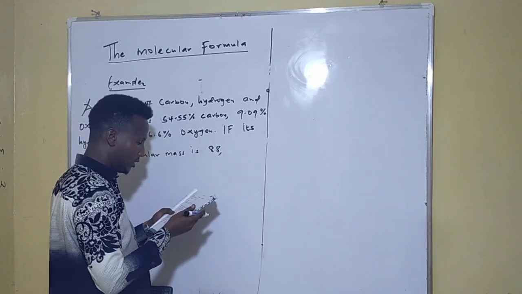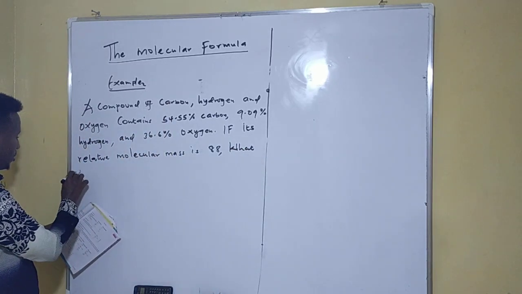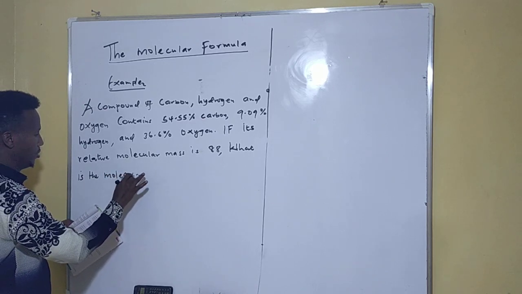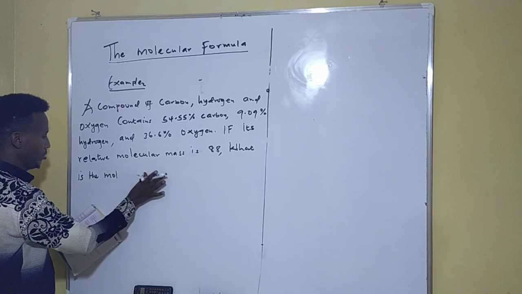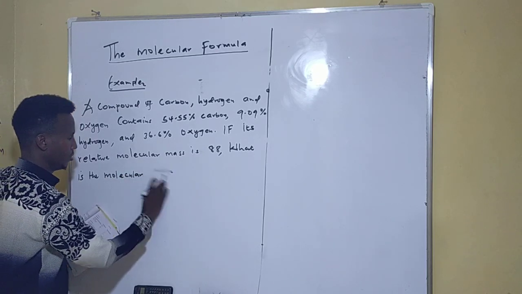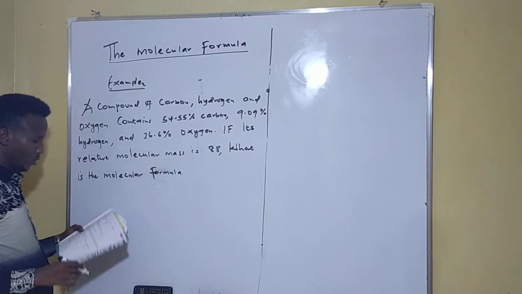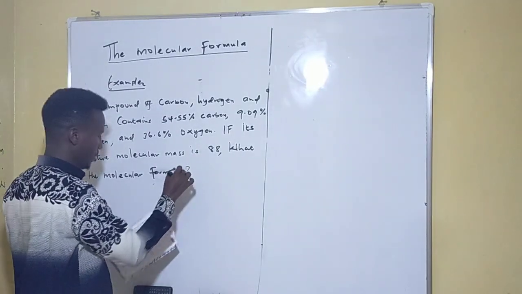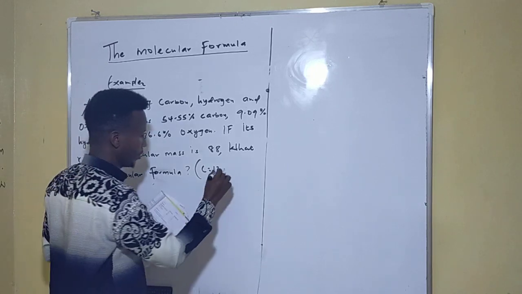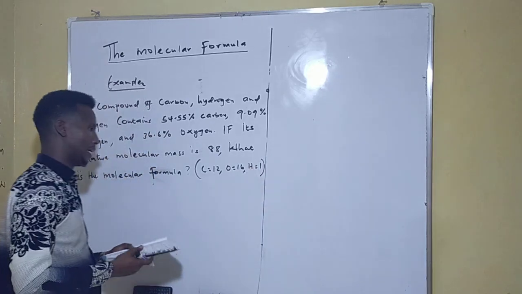What is the molecular formula? Remember, you're told in the bracket C is equal to 12, O is equal to 16, H is equal to 1.